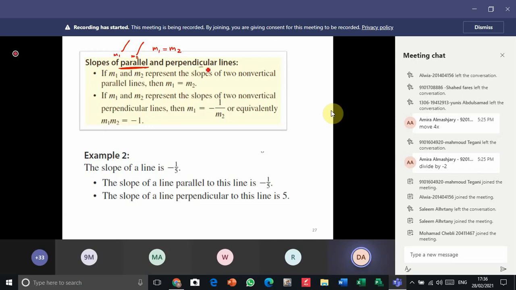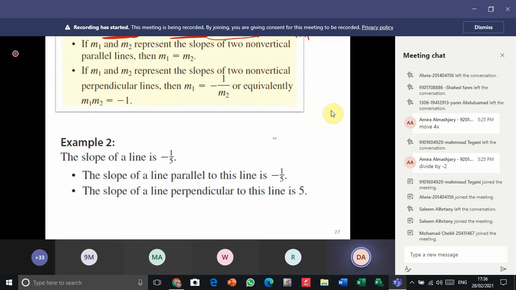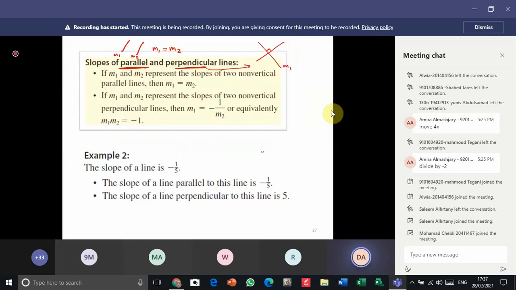What's the meaning of perpendicular? Perpendicular means two lines intersect and have a right angle. هو متقاطعات وبينهم زاوية قائمة. So if we have the slope of the first line m1 and the second m2, how can we verify this is perpendicular or not?